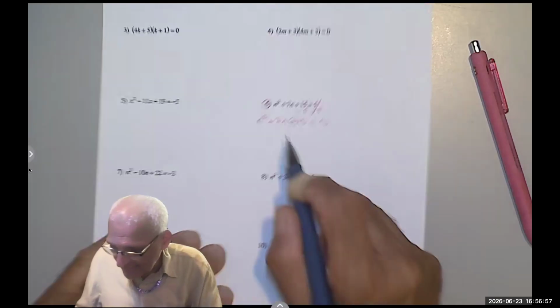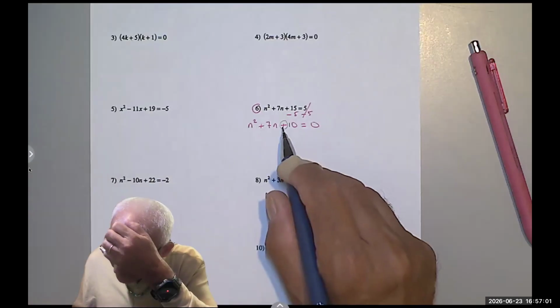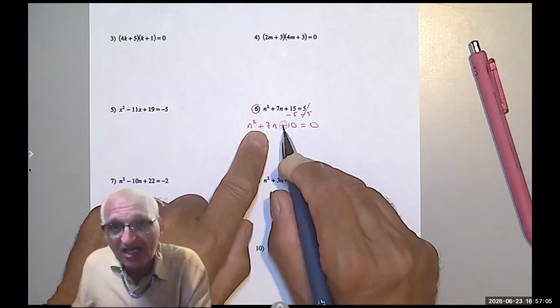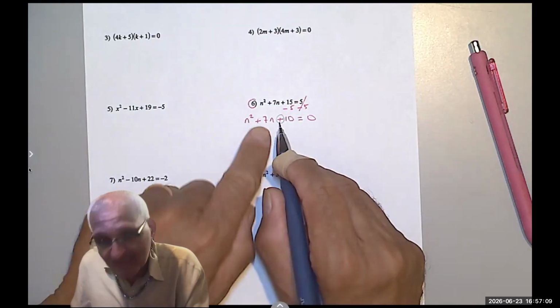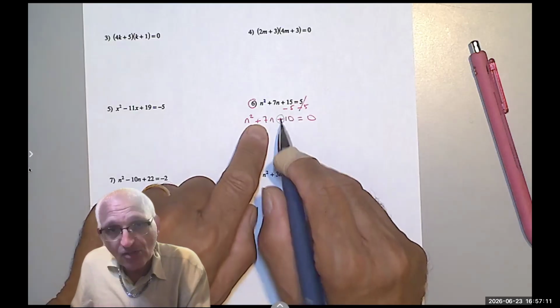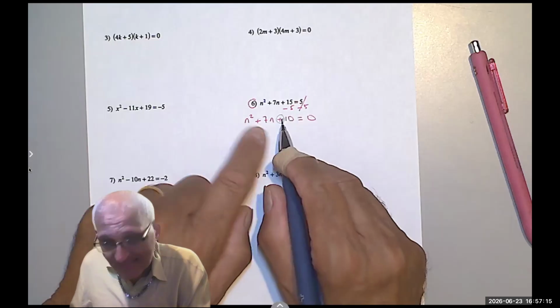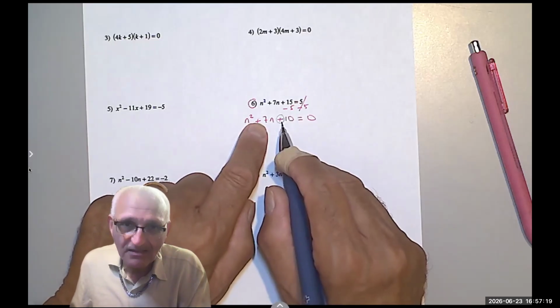So if the constant is positive but the middle term is negative, I say they match and they both are negative. If the constant is negative and the middle term is positive, I say they don't match, but the larger is positive. And if both are negative, I say they don't match and the larger is negative.